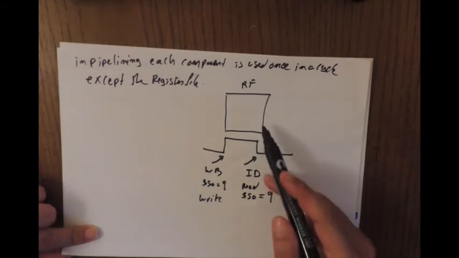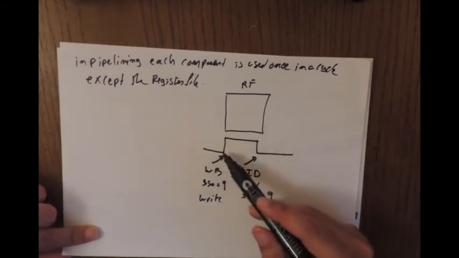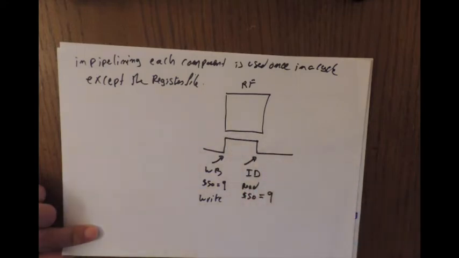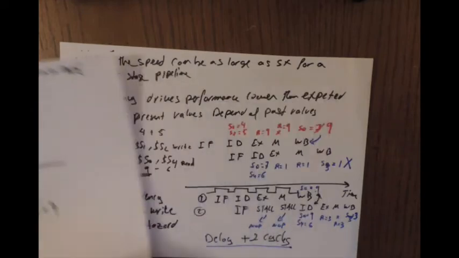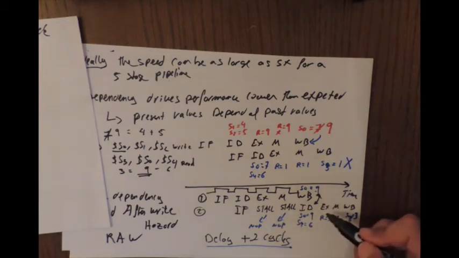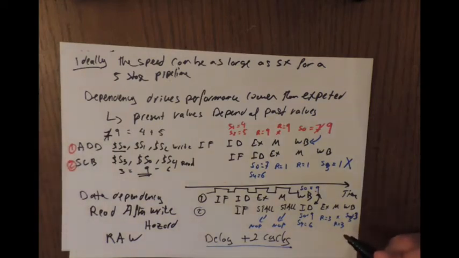So this is the only component that can be used twice in a cycle, and it's utilizing the rising edge and the falling edge of the clock of this particular stage. This is why we are allowed to have a write back and an ID coinciding with each other and working perfectly. Otherwise we need to add 3 stalls, and this will add an additional cycle to our delay or our penalty for having a read after write hazard.